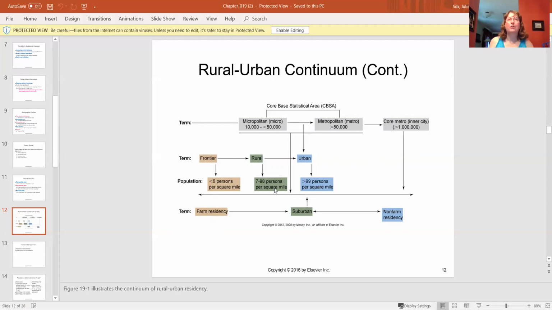Rural would be a little more populated, so 7 to 98 persons per square mile. And then urban would be bigger amounts of people, so more than 99 persons per square mile. So farm residency would be to the far left, suburban would be somewhere in the middle, and then non-farm residency would be to the far right.